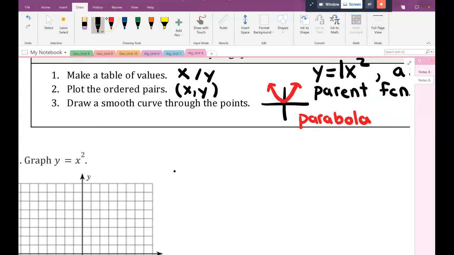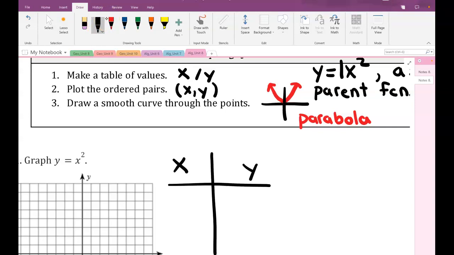So we're going to make our xy table. And what you'll do is fill in, to start, things for x. All of your x values are inputs. And what you get out for y, those are your outputs.